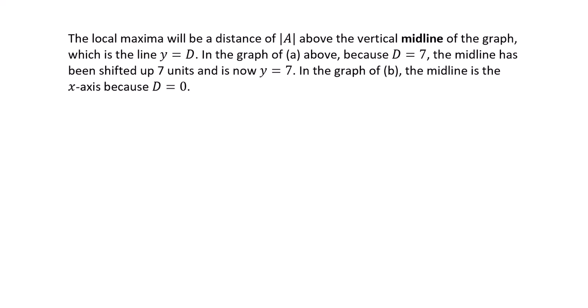In the graph of f above, because d equals 7, the midline has been shifted up 7 units and is now y equals 7. In the graph of g, the midline is the x-axis because d equals 0.